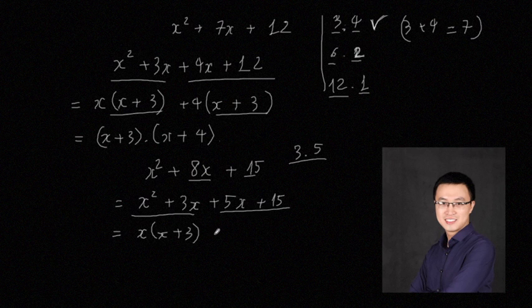For the second two it is 5. So now we have x plus 3 as the common bracket, and here is x plus 5. Okay, we finished factorization with x squared.